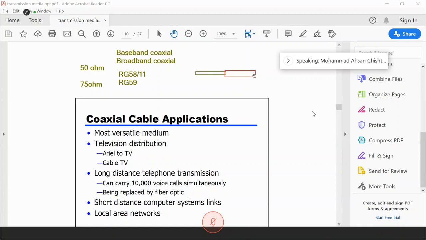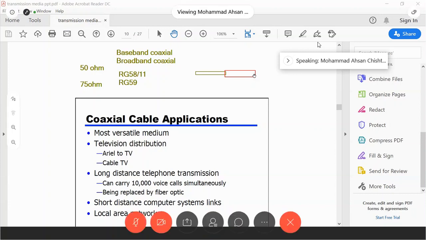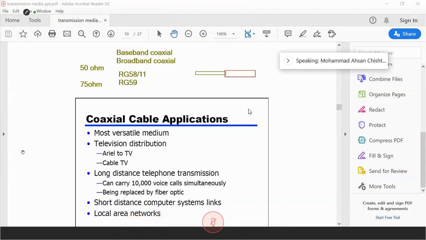Over it, we have a cylindrical mesh, which is another conductor here.